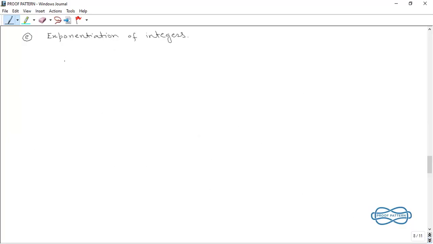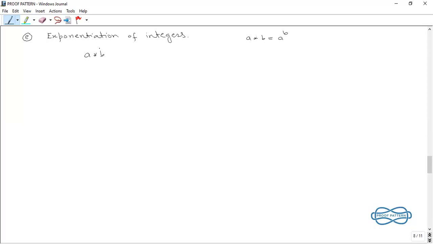Now we have to check whether exponentiation of integers is associative or not. We consider A star B. We know that exponentiation of integers means when we take A star B, we get A raised to power B. Okay.